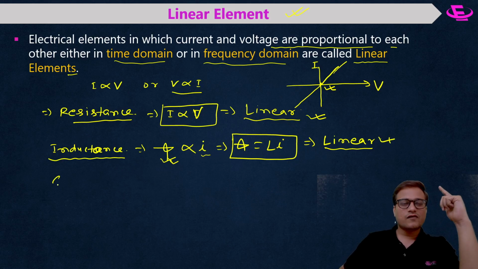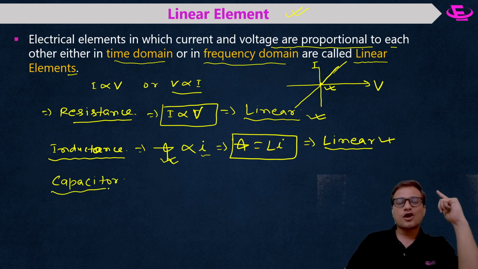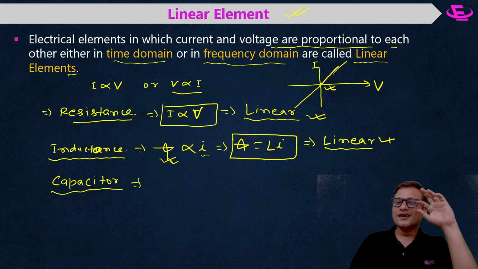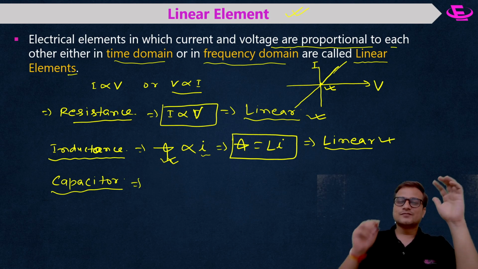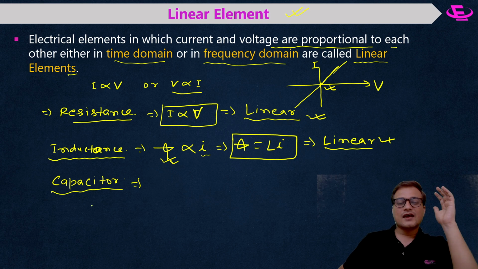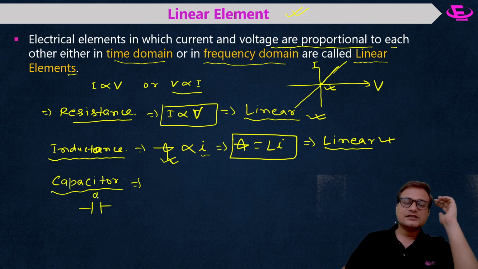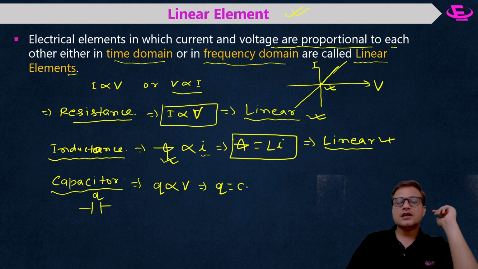Now it's the turn of the capacitor. So what do you people say? What about the capacitor? It will be linear or non-linear? What do you think? So you know about the capacitor. In the capacitor, if there are parallel plates, if you connect voltage, then according to voltage there will be charge on the plates of the capacitor. So you can say in the capacitor Q is proportional to V, or you can say Q is equal to CV.